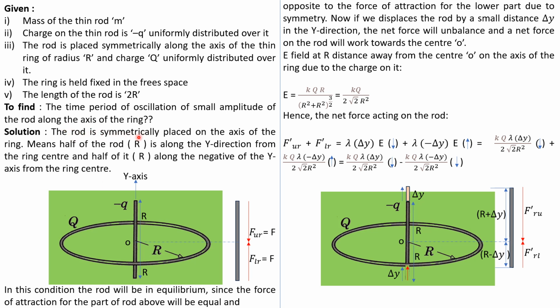Initially the rod is symmetrically placed on the axis of the ring. It means half of the rod is above and half is below. When it is symmetrically placed, the half of the rod above the center O of the ring will have total charge -q/2 on it, and the lower half will also have -q/2. The upper part will be pulled down by the electrostatic force and the lower part will be pulled up.